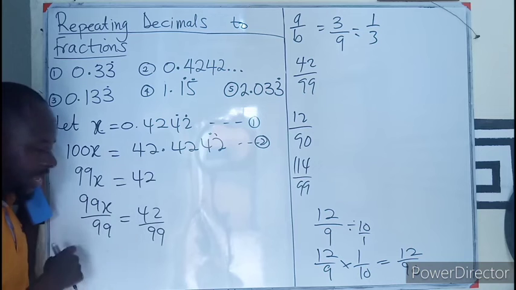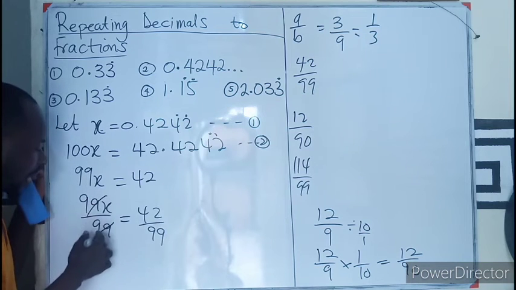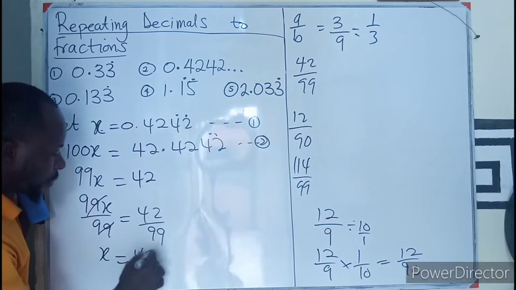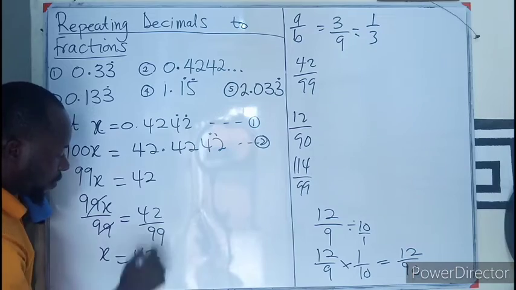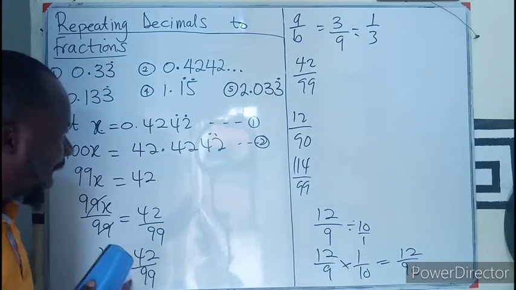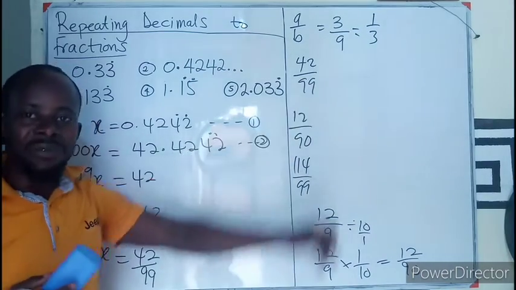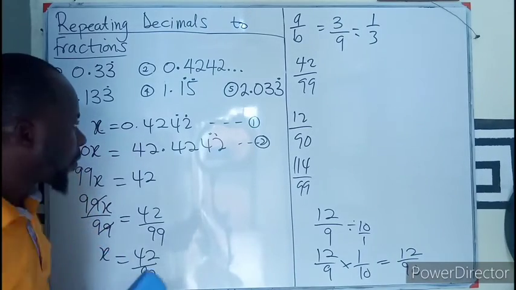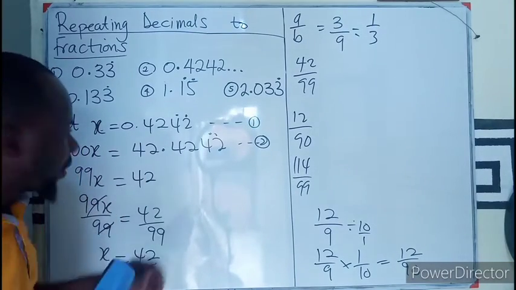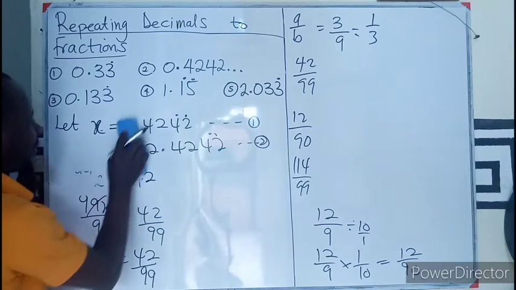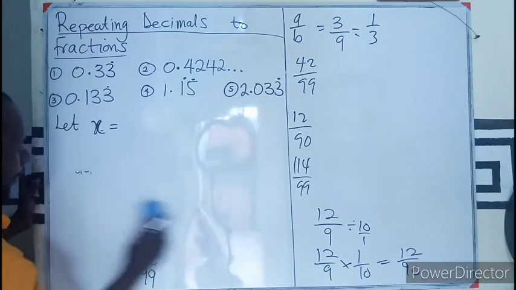Dividing both sides by the coefficient, this will cancel. x equals 42 over 99. And that is also what we have for question number 2. I believe you are following. Alright. So the next will be number 3.